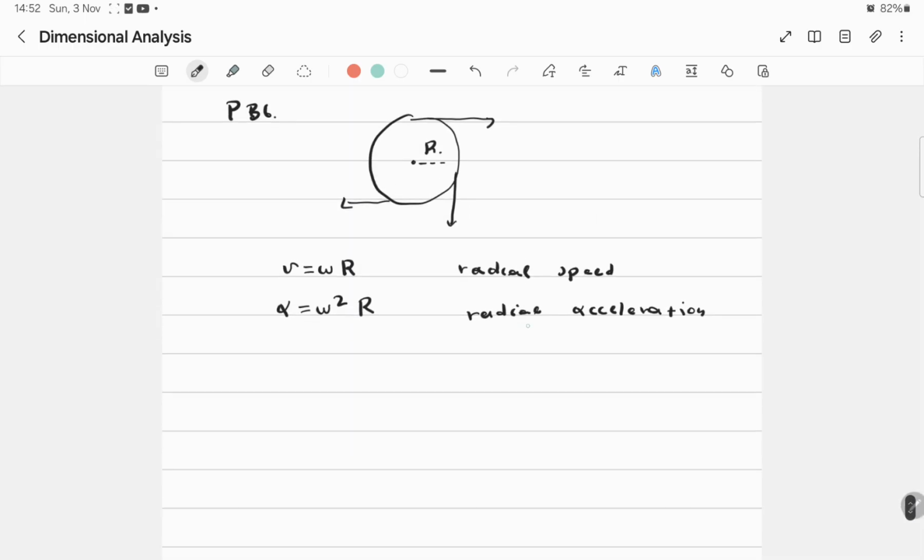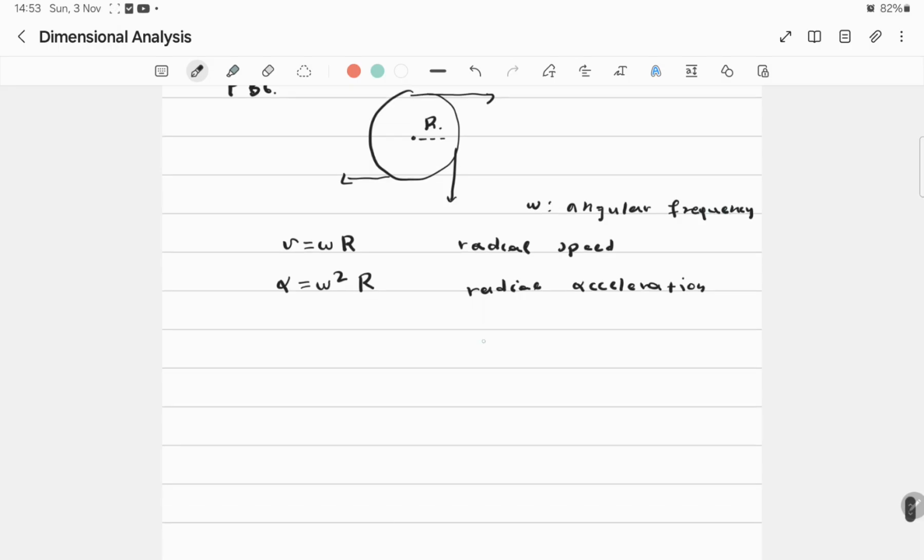We have the radial speed and radial acceleration given by this formula. Omega is the angular frequency. Omega equals 2 pi over period t. So let's carry out dimensional analysis, brackets, omega r.